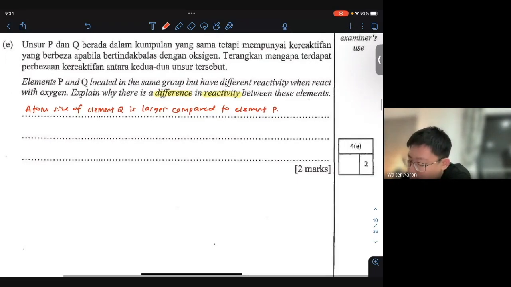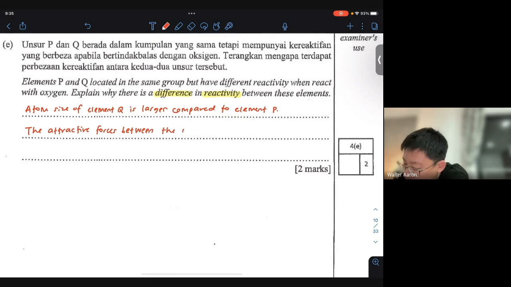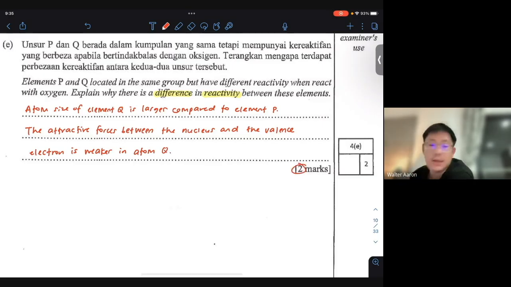Then after that, what I can say here will be the attractive forces between the nucleus and the valence electron is weaker in atom Q. That's it. You got 2 marks if you write that.